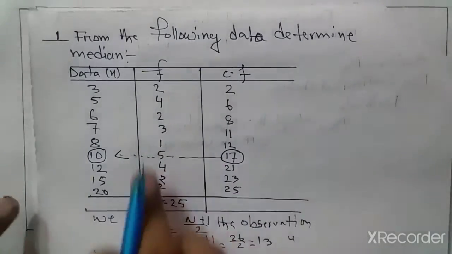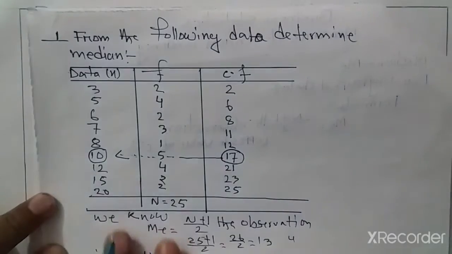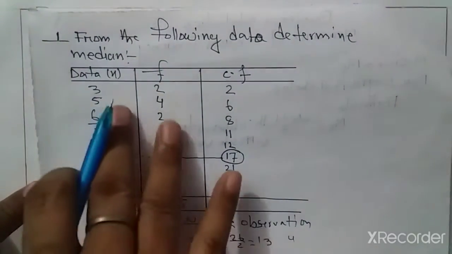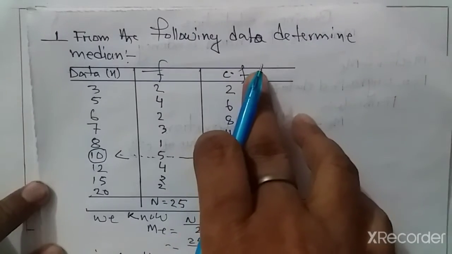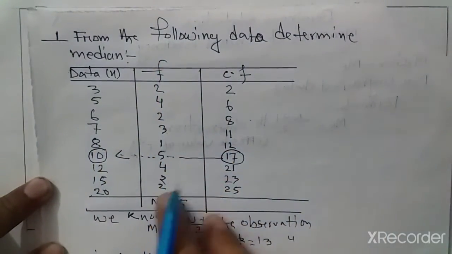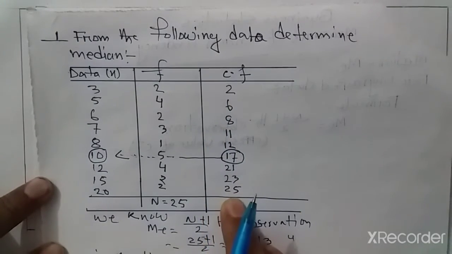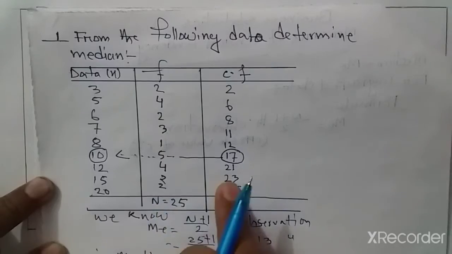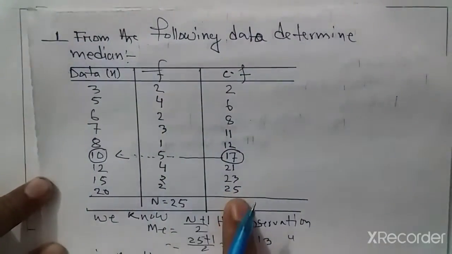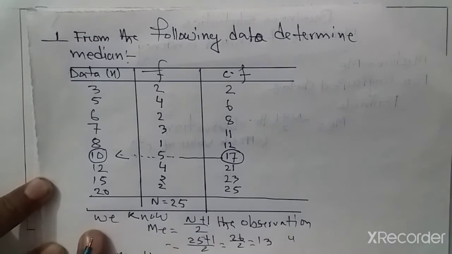This is the way. At first, follow the question: the given data is ungrouped, then make the table of cumulative frequency, that means adding upper to lower, and the last value and total frequency are equal, so you can be sure the calculation of CF is right. Then you can write the formula.